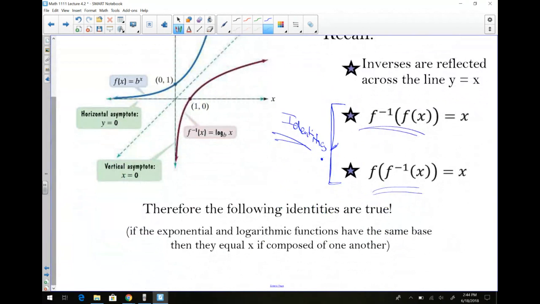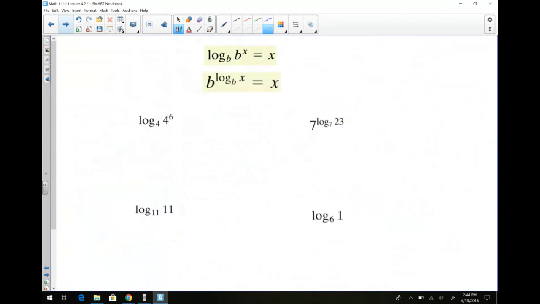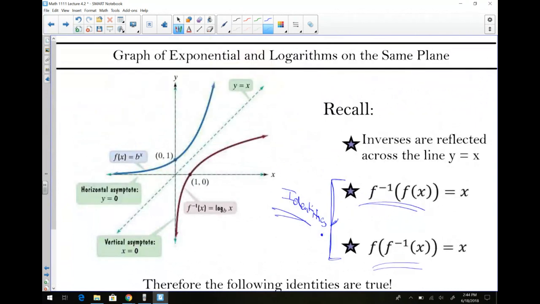What I want to get across to you is that if the exponential and logarithmic functions have the same base, then they equal x if composed with one another. That's basically the shorthand. But this is what I want to show you. I don't know if I put enough room in there. No, I didn't.